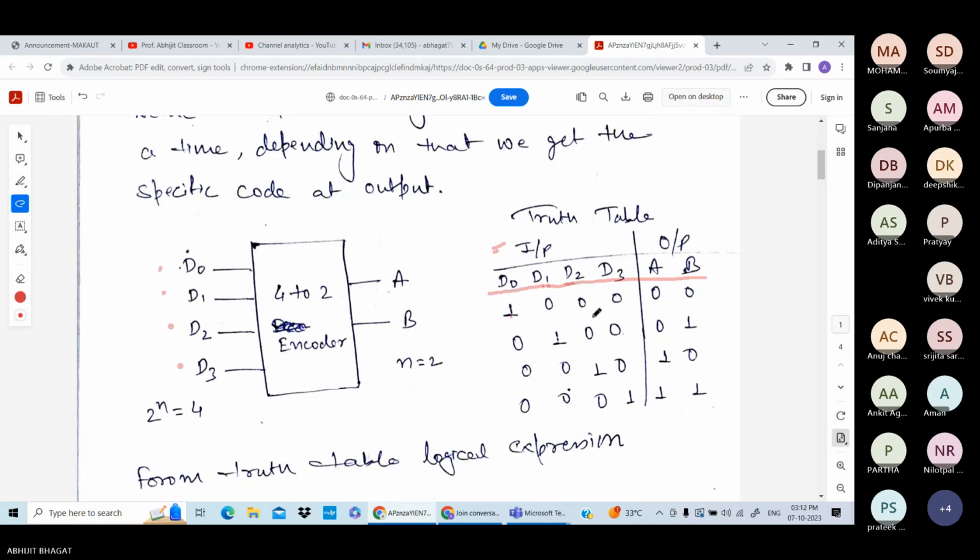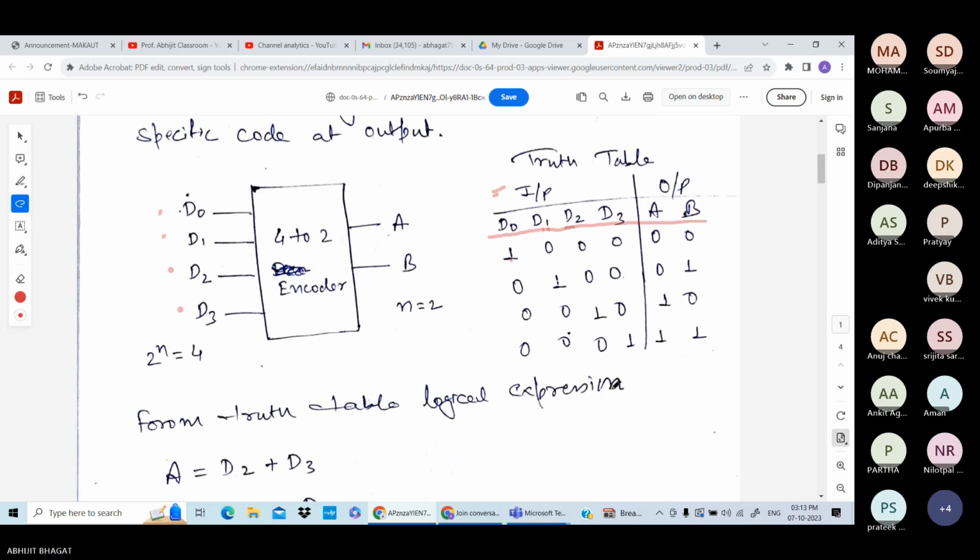Similarly, if D3 is active, in that case A is 1 and B is 1. These are in sequence: 0 0, 0 1, 1 0, 1 1. It is in sequence. Okay. So this is the truth table for the encoder circuit. Is it clear up to this?